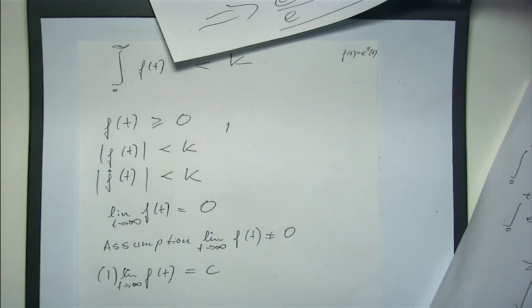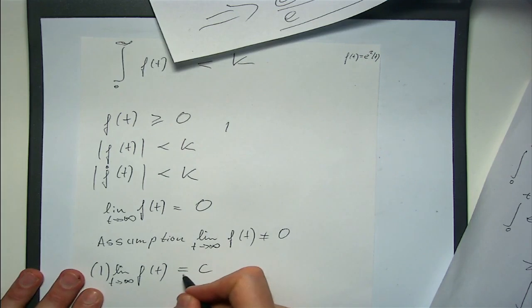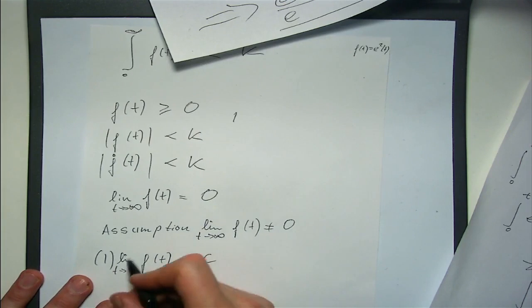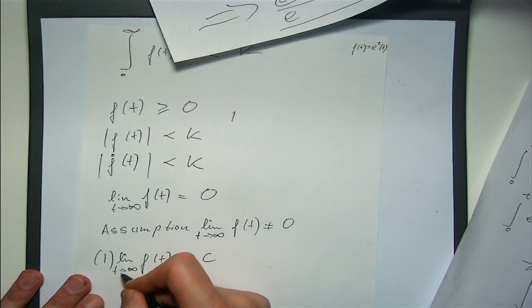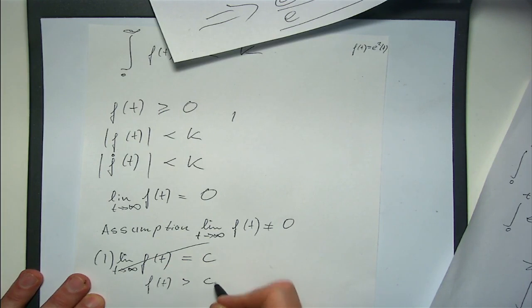First option is effectively, no, let me think about this. It's not constant, but f of t remains larger than some constant.